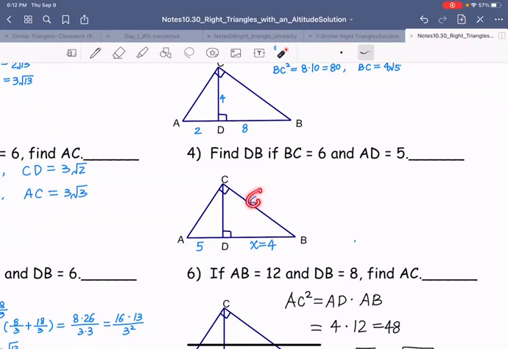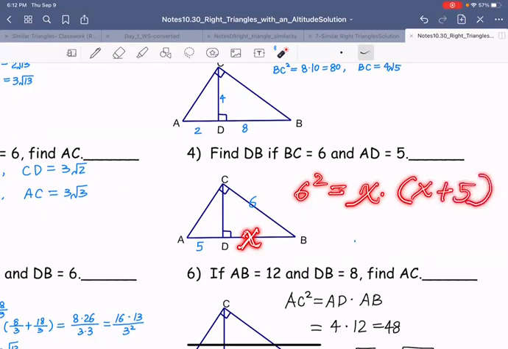I'm asking, 6 squared equals to who times who? If you don't know this, you make this called x, you know? 6 squared equals x times x plus 5. Sorry, x plus 5. Okay.